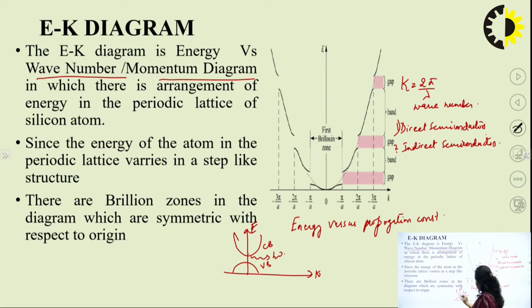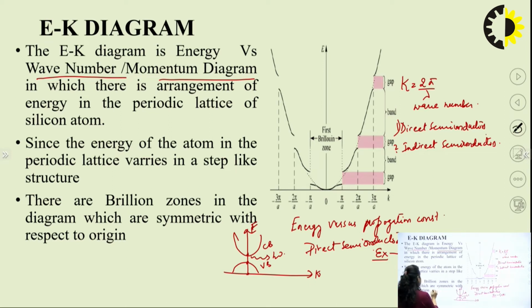You can see this point and this point are at the same value of K. This is called a direct semiconductor, and an example is gallium arsenide.